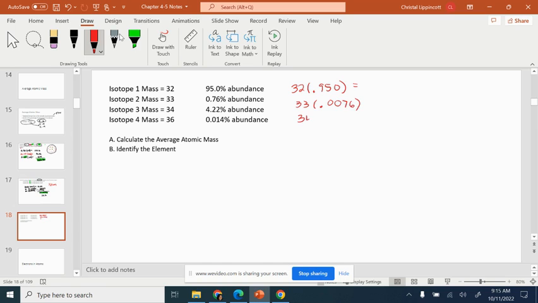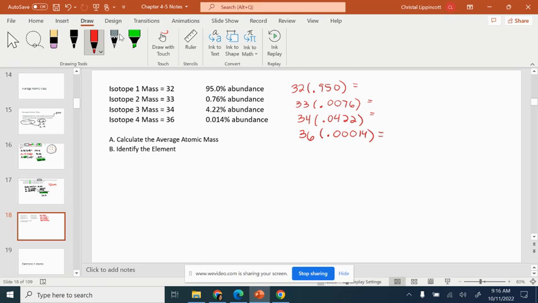I have 34 times 0.0422. And I have 36 times 0.00014. Now, before we even get started with this problem, think about what the mass should be based on these percentages.